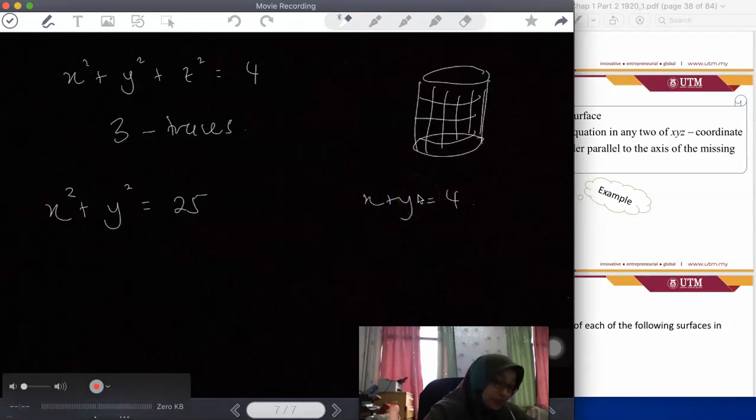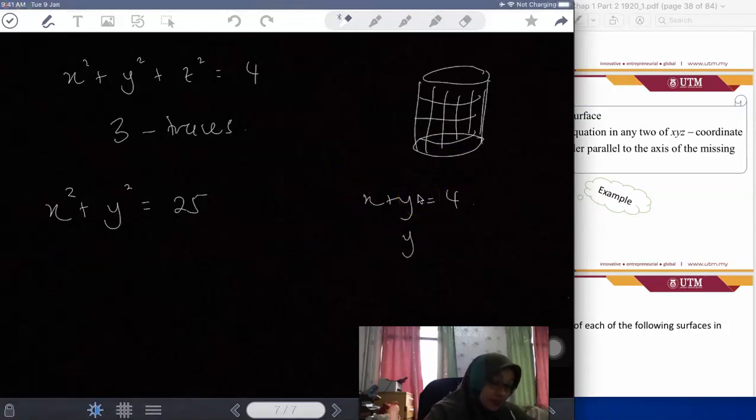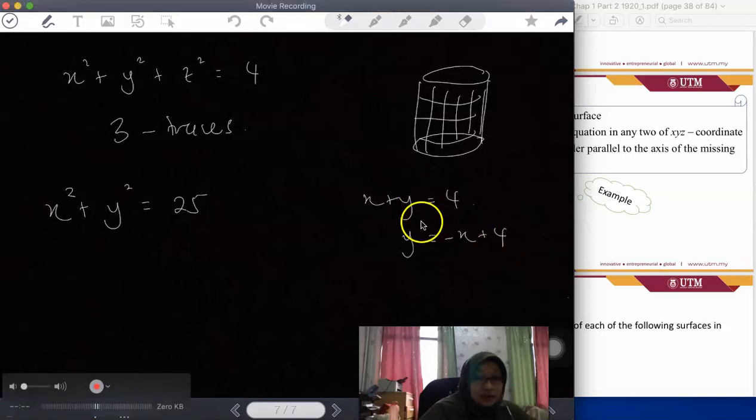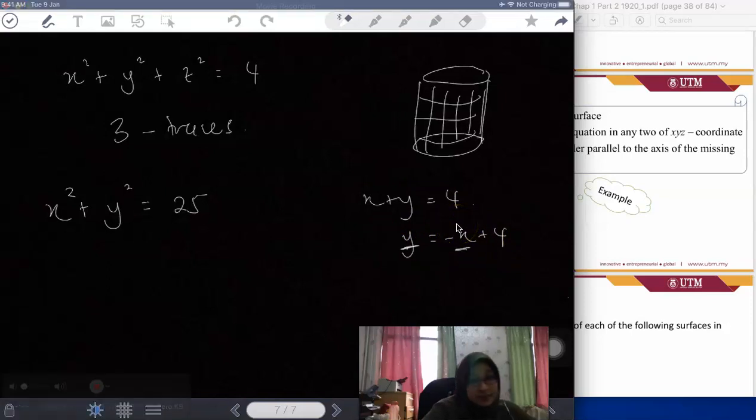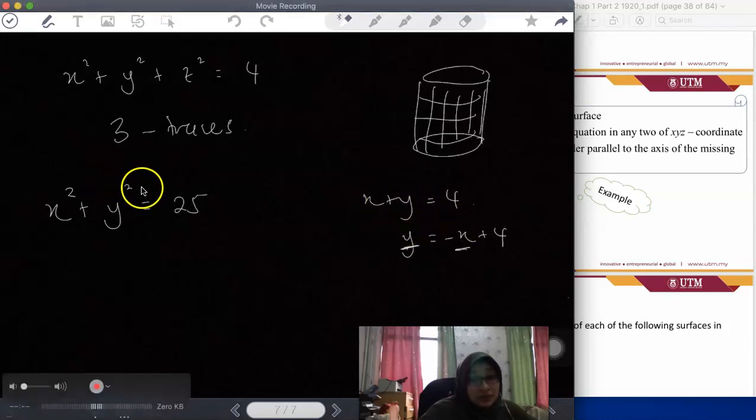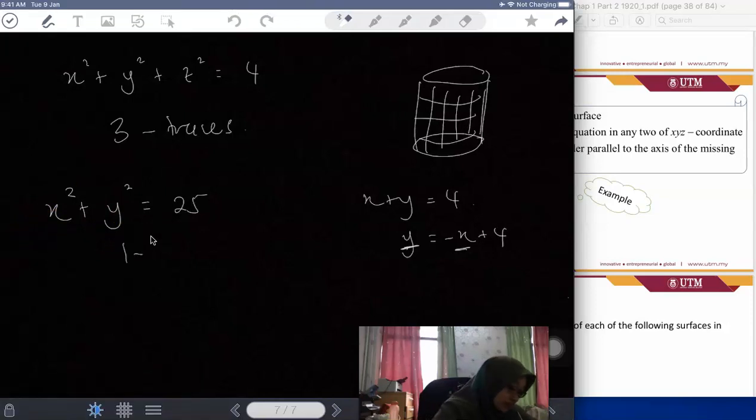Then you have to sketch the trace where you have minus x plus 4. So for this, how many trace that you have? We only have a single trace which referring to the y-x plane. Right, only single variable, only single trace. Similarly, for the nonlinear equation, if you have total variable is 2, then you only have to provide 1 trace. Okay, just like this one.